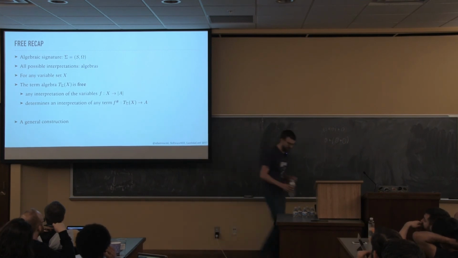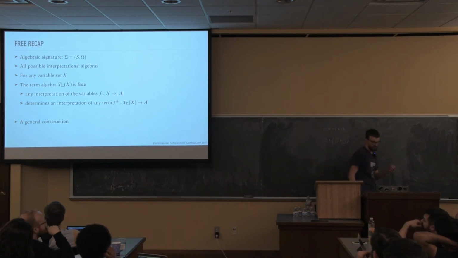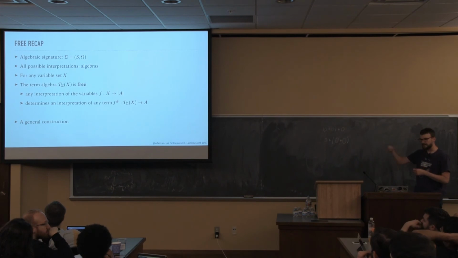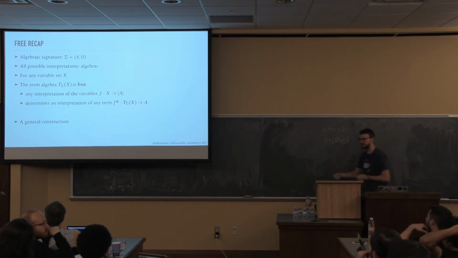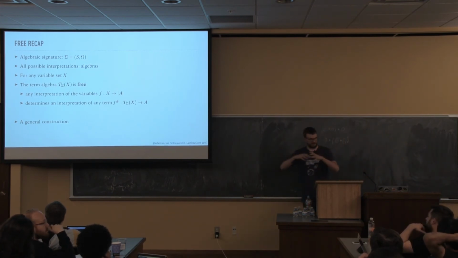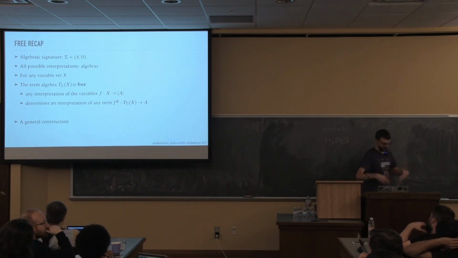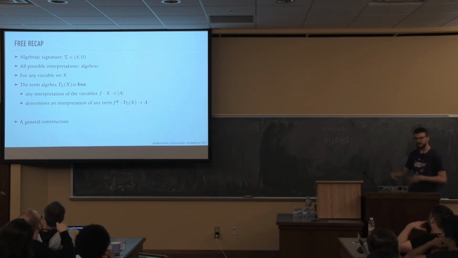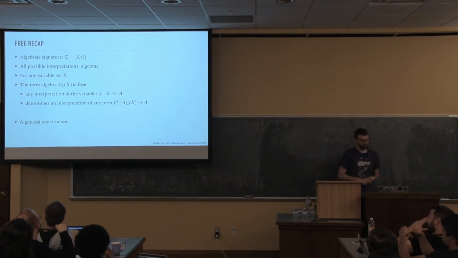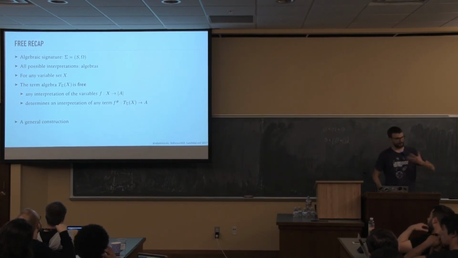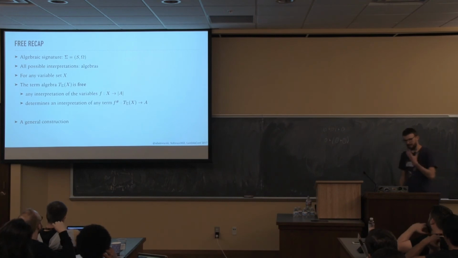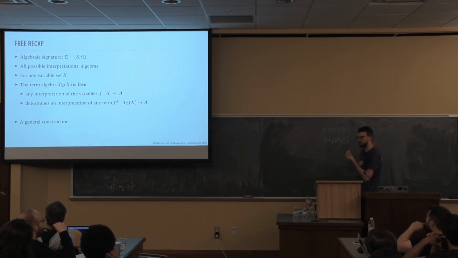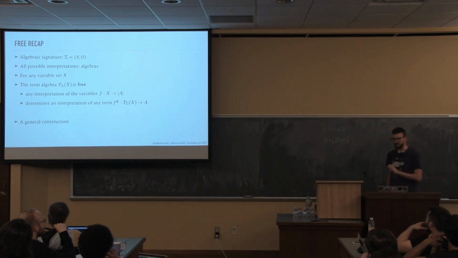Then we have defined the term algebra, and we have said that the term algebra using any set of variables, the term algebra being all of the expressions that we can build using our language and the variables, is free, which means that for any other algebra, an interpretation of the variables extends uniquely and determines the interpretation of any term from the term algebra.